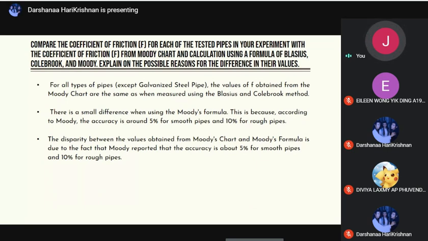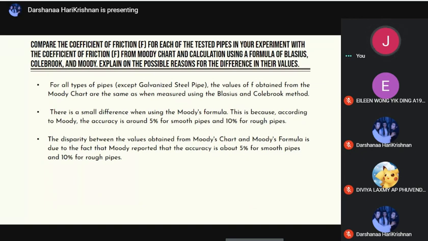So for all types of pipes, except galvanized steel pipe, the values of coefficient of friction obtained from the Moody chart are the same as when measured using the Blasius and Colebrook method. There is a small difference when using the Moody's formula.